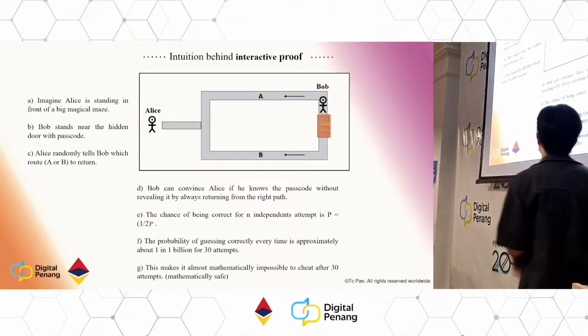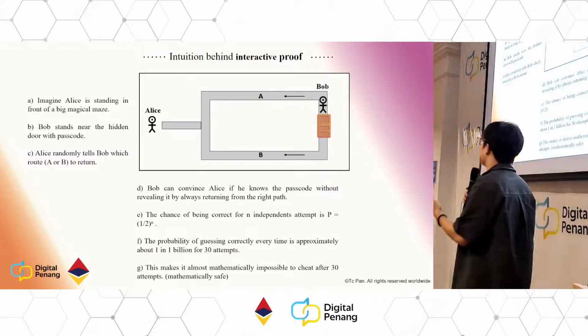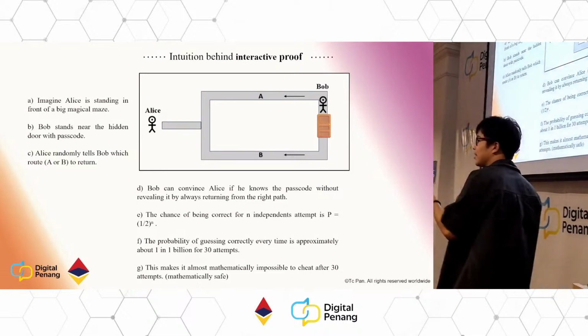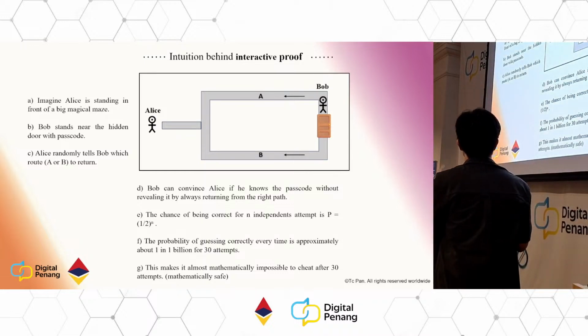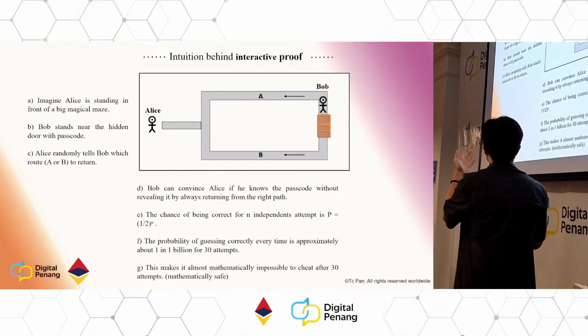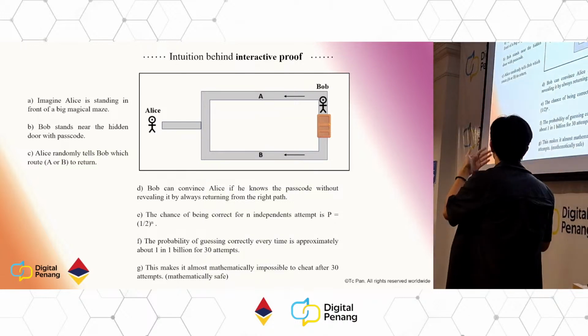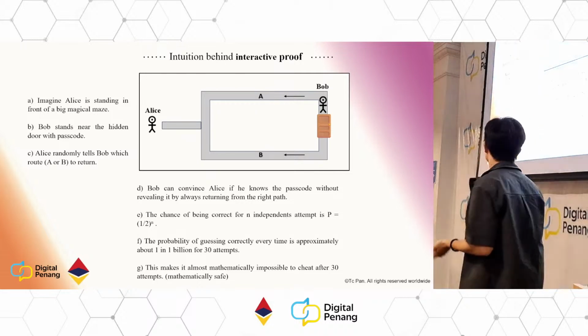I will give an intuition behind the interactive proof. Imagine that Alice is standing in front of a big magical maze and Bob stands near the hidden door with a passcode. Alice randomly tells Bob which route, A or B, to return from. Bob can convince Alice that he knows the passcode without revealing it by always returning from the right path.